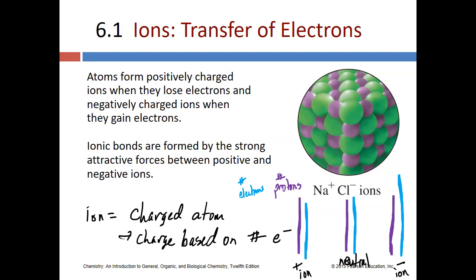This week, we're going to largely ignore the nucleus, because when it comes to atomic bonding principles, the nucleus really has nothing to do with it. It's all about the electrons. And so this idea of ions comes from the idea that it's the electrons that are going to drive the bus here. How many electrons I have versus how many protons I have is going to give me a real clear picture of what the charge of that ion or atom is going to be.